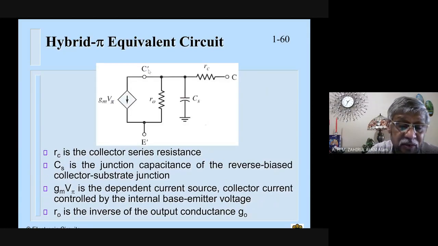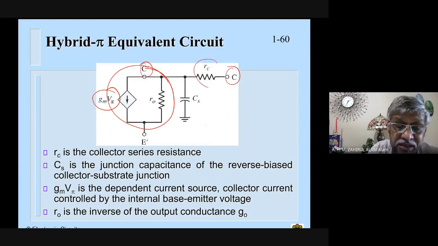And this is our mid-band equivalent circuit, which has gm v pi. So we have internal and external. There is RC, which is the collector series resistance, a contact resistance, also very small, so we can neglect it. And this is known as the junction capacitance of the reverse bias collector to substrate. We combine it, and it is connected to ground.